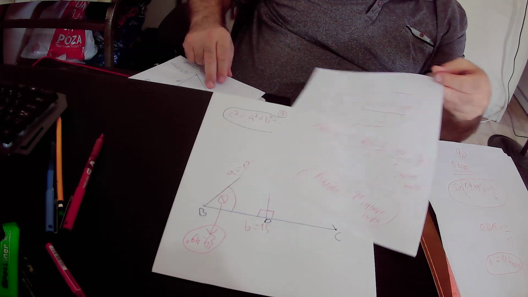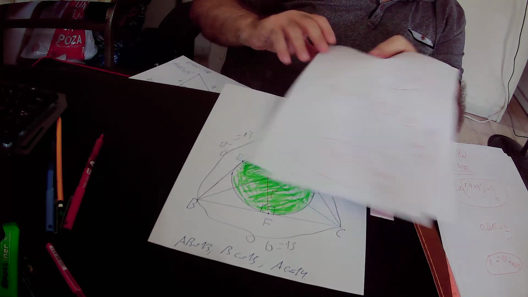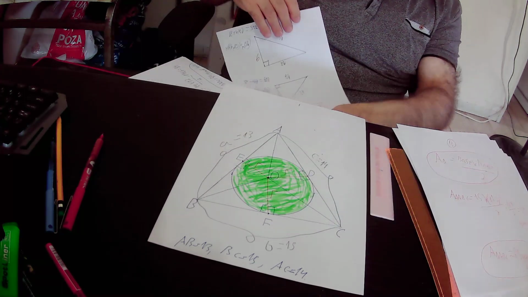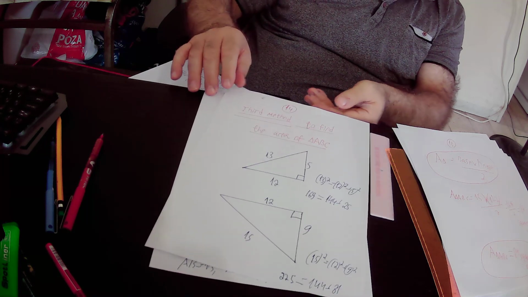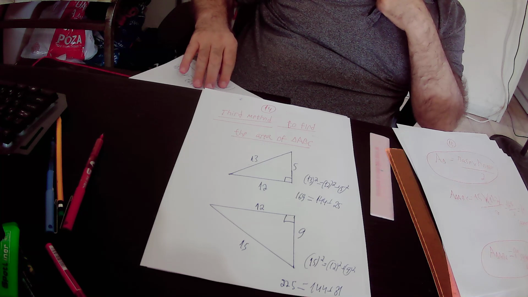Then I presented to you a third method to find the area of triangle ABC.